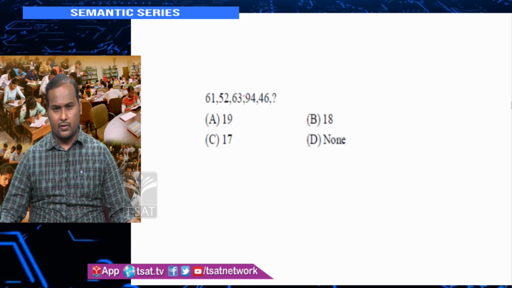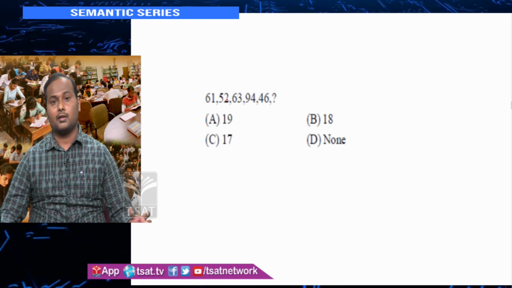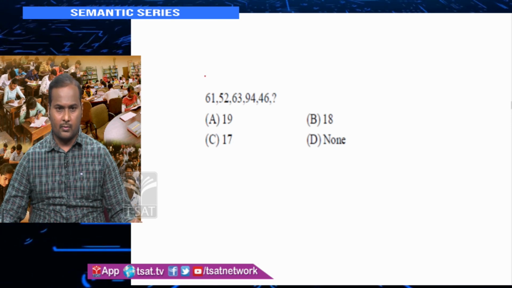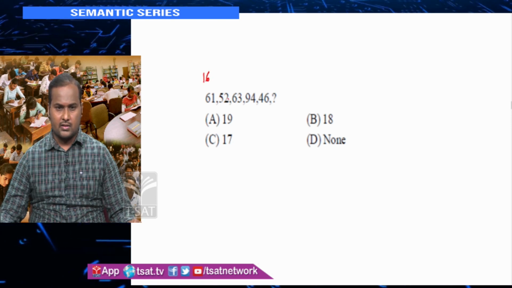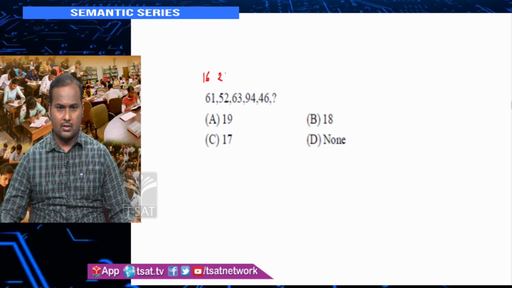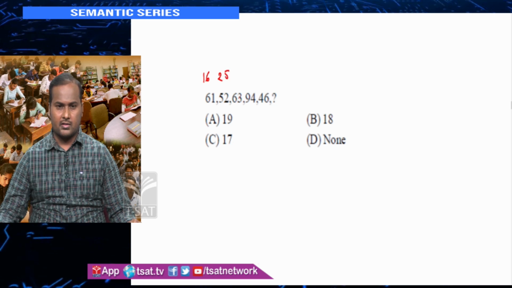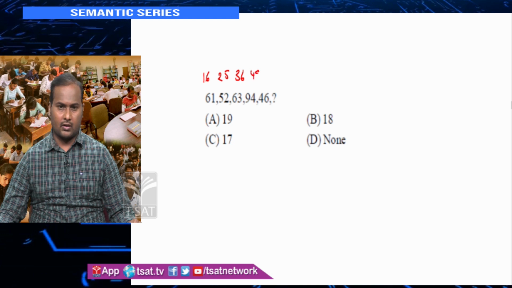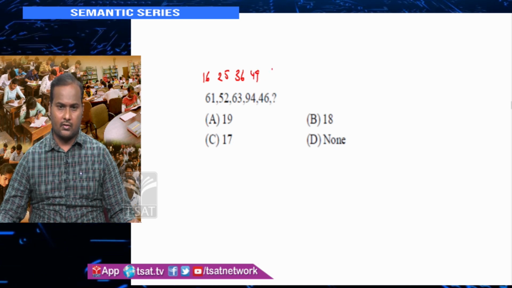If you see these numbers very closely, they are squares, but they are inverted. How? It is 61. If you invert these numbers, it will become 16. It is 52, again you reverse it, you will get 25. It is 63, reverse 36. 94, reverse 49. 46, reverse 64.